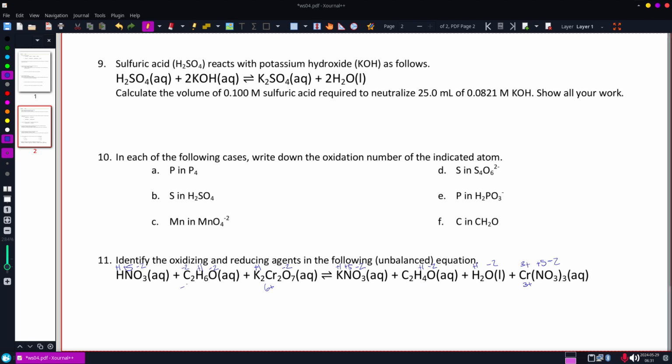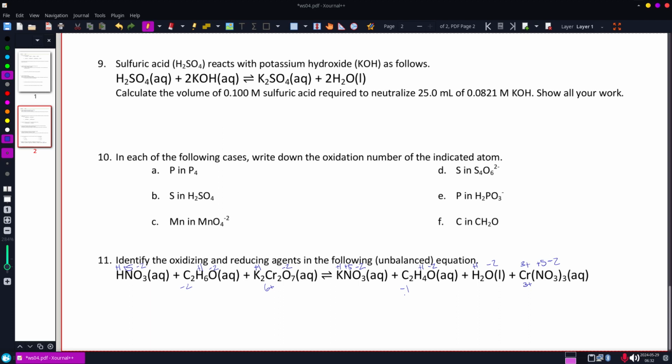Actually, I'm going to put that down here. So at the bottom, I'm putting down the oxidation numbers that are changing. Over here, I have a -2. I have 4 positives. So I need these 2 carbons to add up to -2. That means each of them is -1.